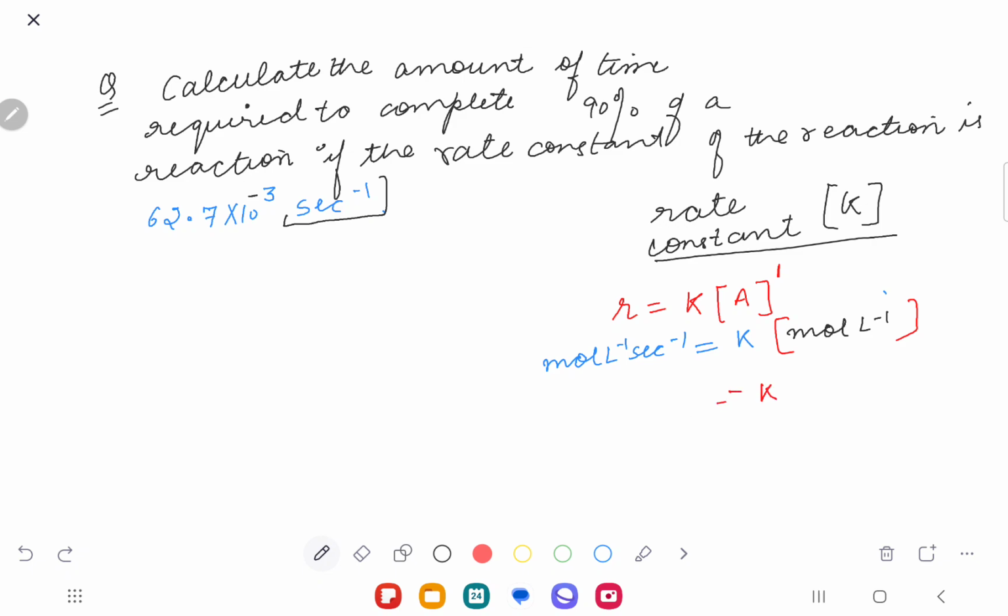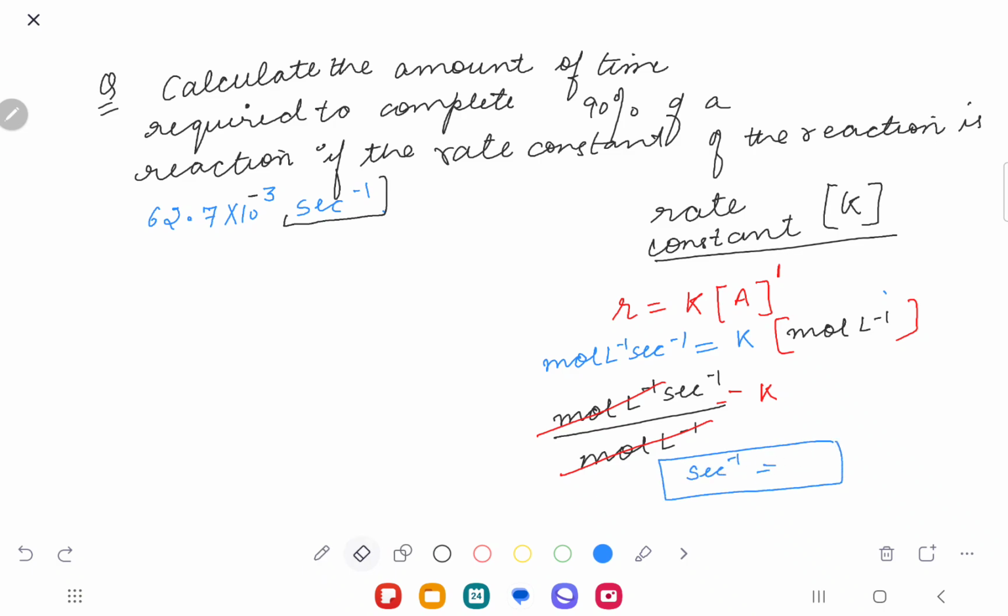So K here would be moles per liter per second divided by moles per liter. So do you understand that moles per liter cancels out? So K here shall be second inverse. Are you understanding? Yes, ma'am.